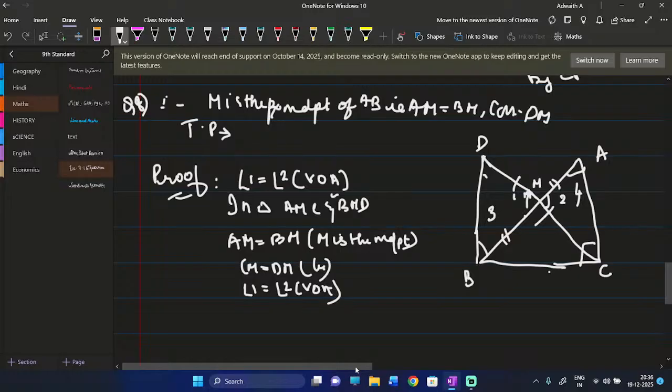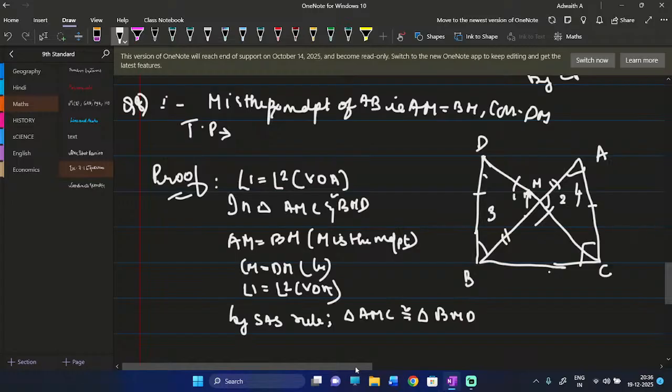Even though I wrote it this way, it's S A S. So write it as, by SAS congruency rule, triangle AMC is congruent to triangle BMD. And this AC is equal to BD.